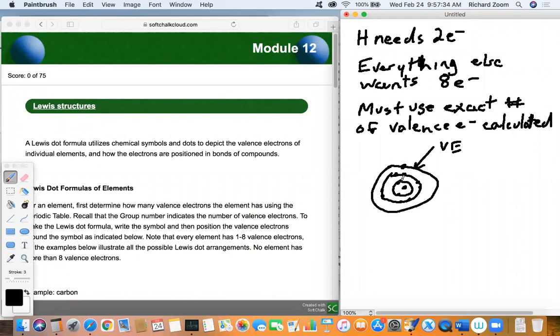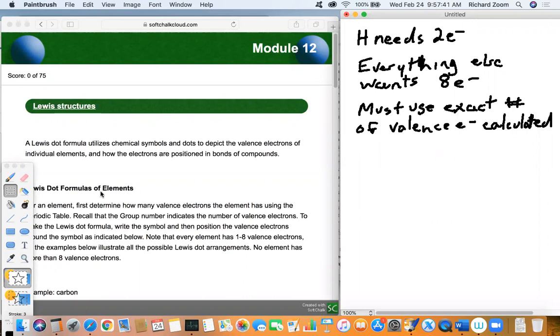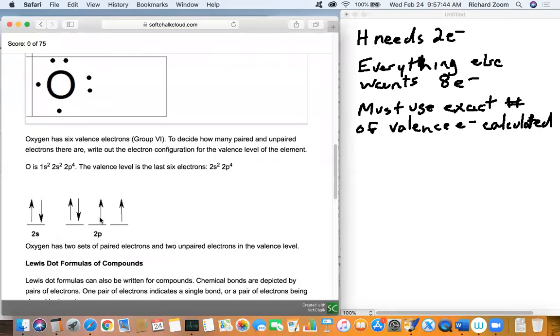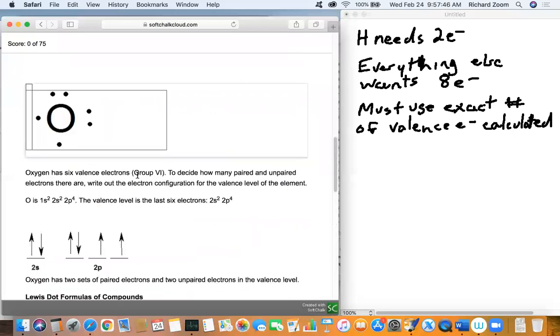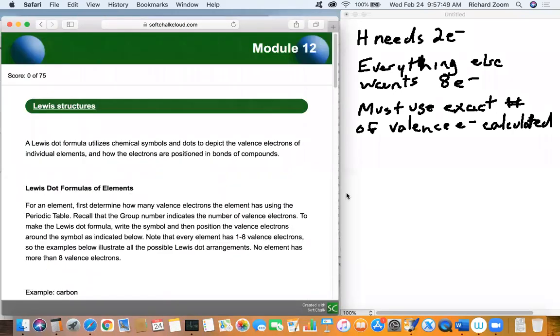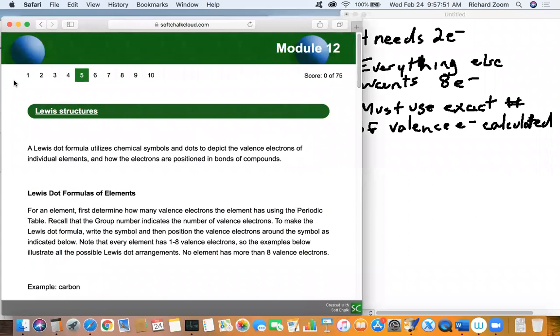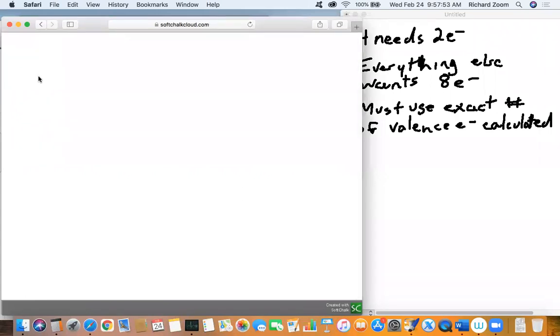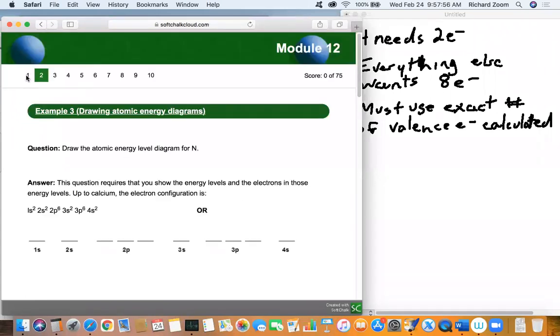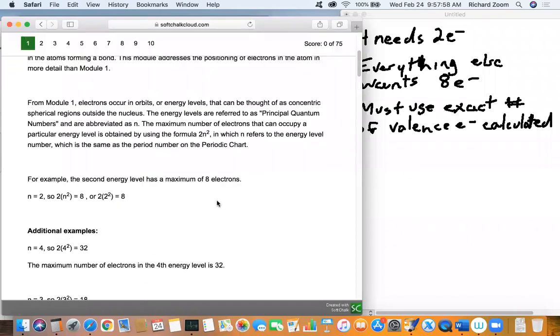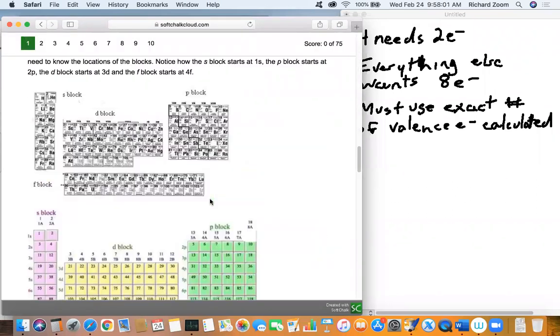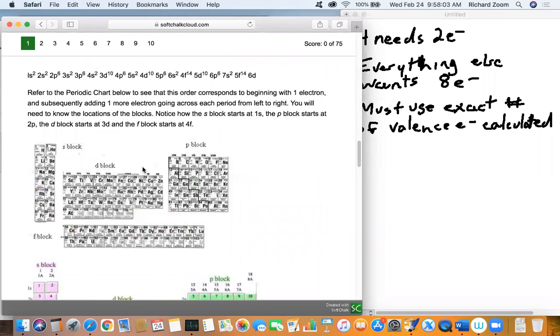So how do we determine valence electrons for any element? Well, it's pretty easy. All we need to do is look at the periodic table. We've done this before back in module 1 or module 2, or both of them actually. If you look at the groupings on the periodic table, it goes 1, 2, and then over here to 3, 4, 5, 6, 7, 8.